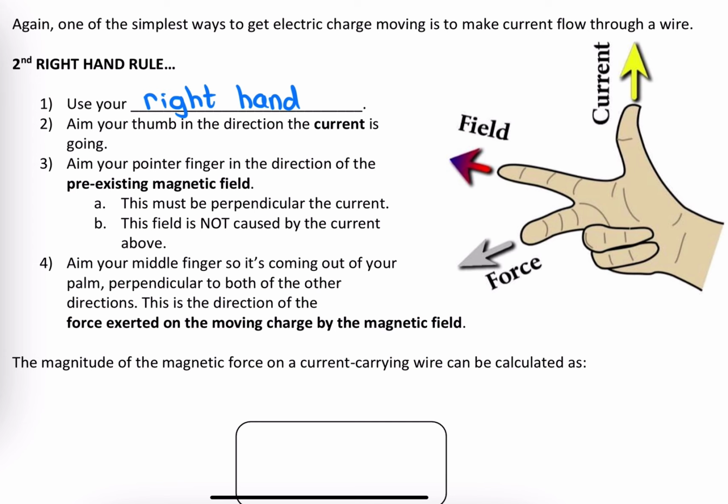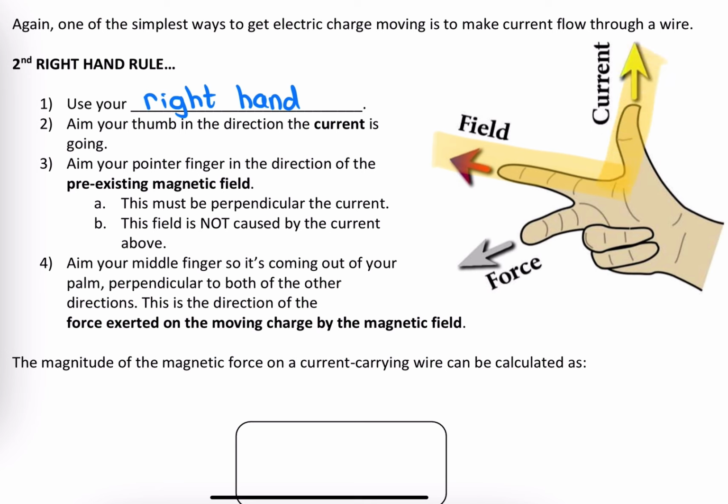Step 4 says aim your middle finger so it's coming out of your palm, perpendicular to both of the other directions. So I should have a 90-degree angle between here and here. And I should have a 90-degree angle between here and here. And as we already discussed, I have a 90-degree angle between here and here.